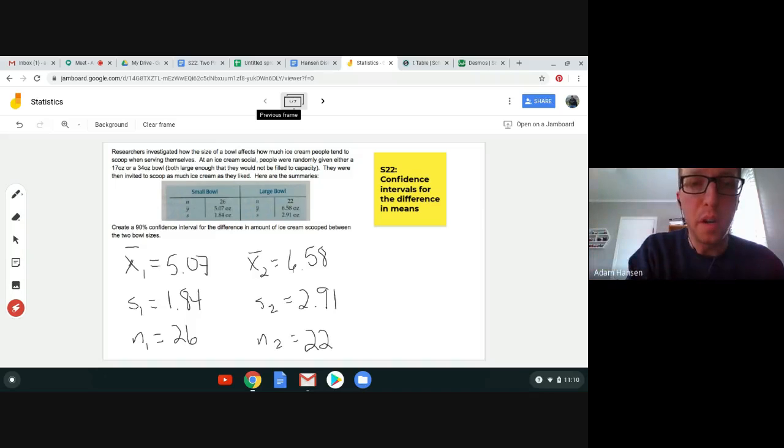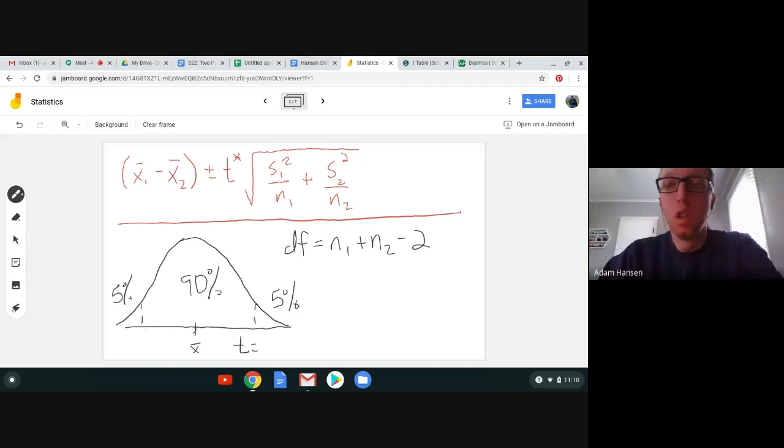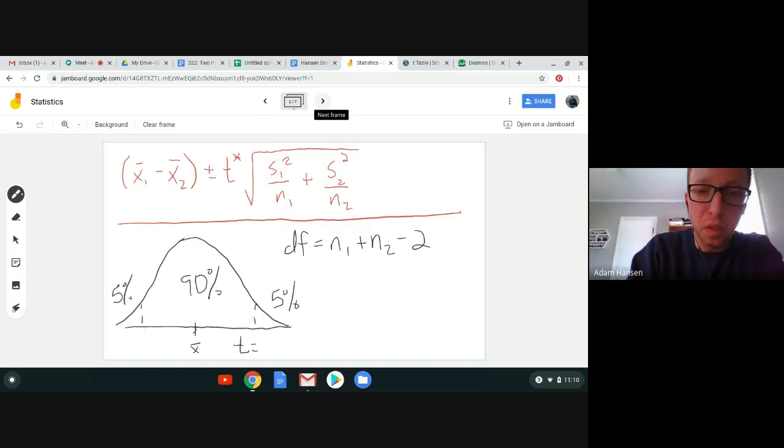So therefore, my total degrees of freedom for the two samples put together would be 25 plus 21, or 46 degrees of freedom. That is each of the two sample sizes added together minus 2 for the total degrees of freedom. I have two groups, each with n minus 1 degrees of freedom, so altogether that'd be minus 2. Going back here, it's 25 plus 21, making 46 degrees of freedom.